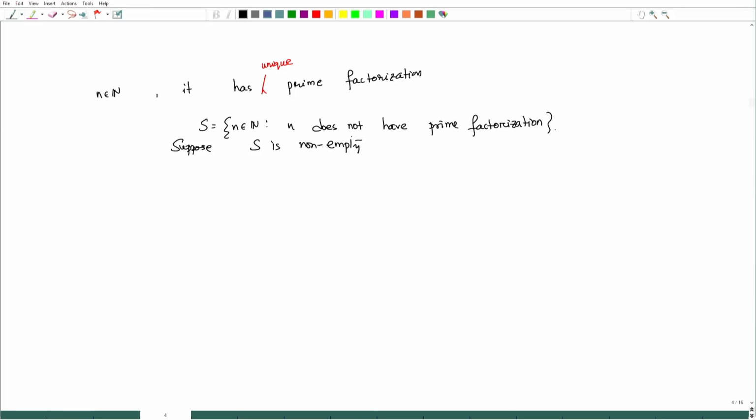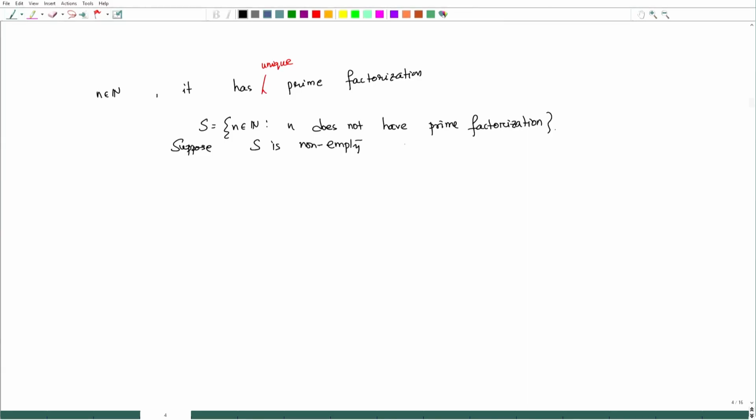Then it is a subset of the natural numbers, so it will always have a least element. Now let n naught be the least element of S. Certainly n naught cannot be a prime; if it is a prime, it has a prime factorization. So, it has to be a composite number.